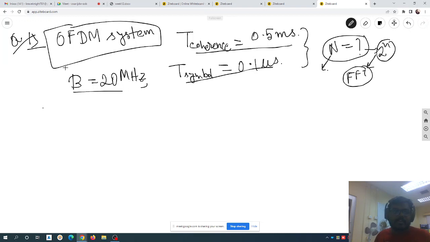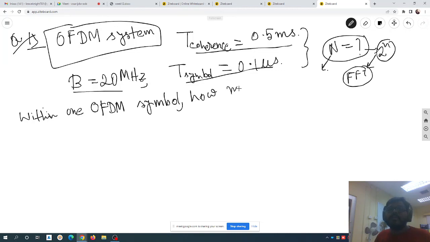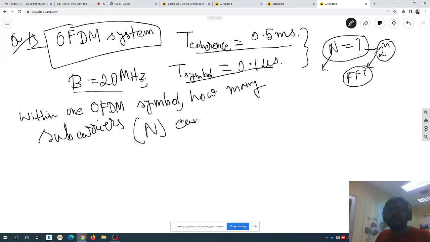Within one OFDM symbol, how many subcarriers, that is N, can be allocated?